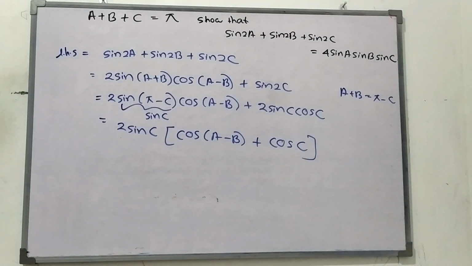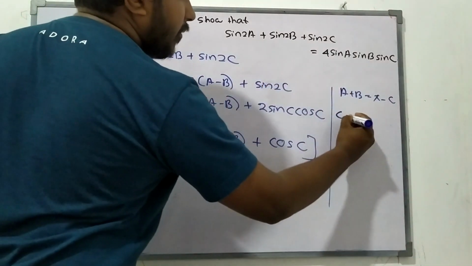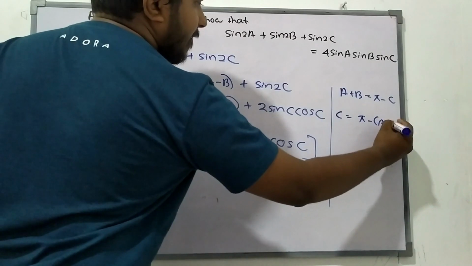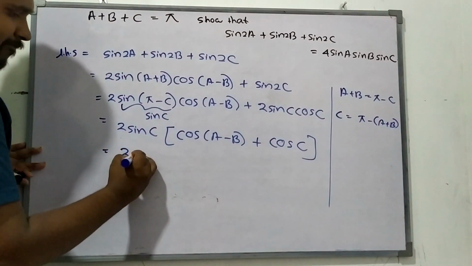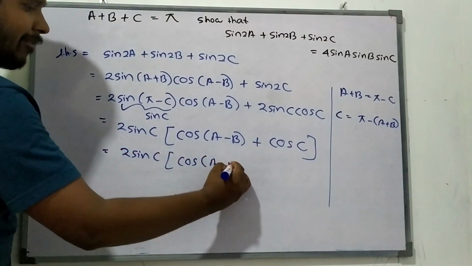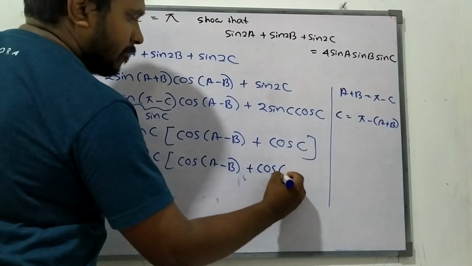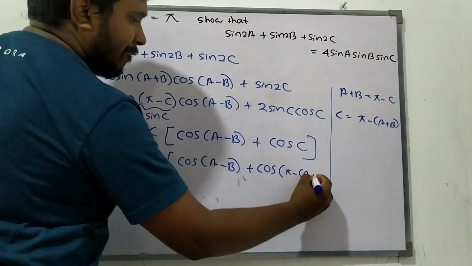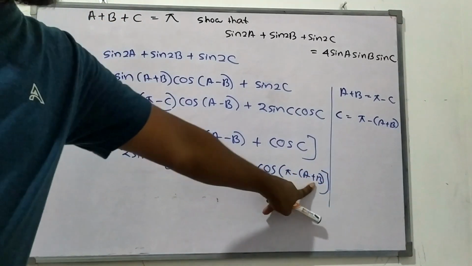Okay. So what is c? So c means pi minus (a plus b). So what is cos (pi minus (a plus b))?